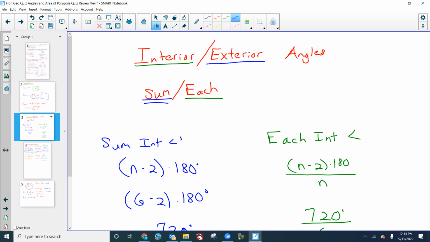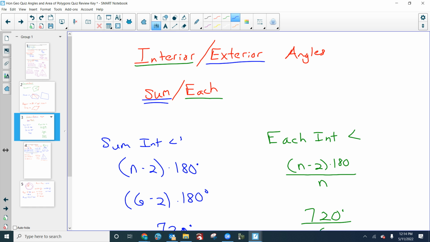What's the answer? 360. Good answer. The sum of the exterior angles is always 360. You don't need a formula for that. Remember that? Every polygon, the exterior angles add up to 360.